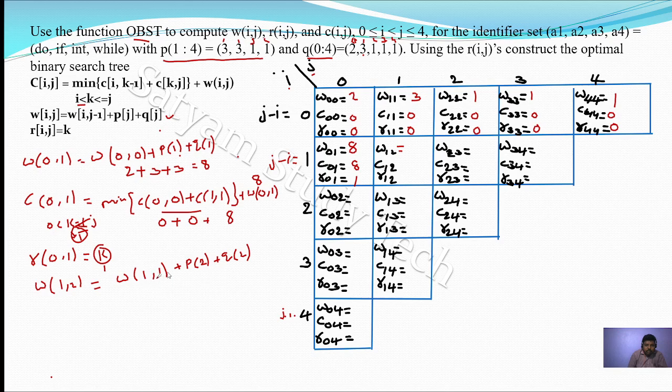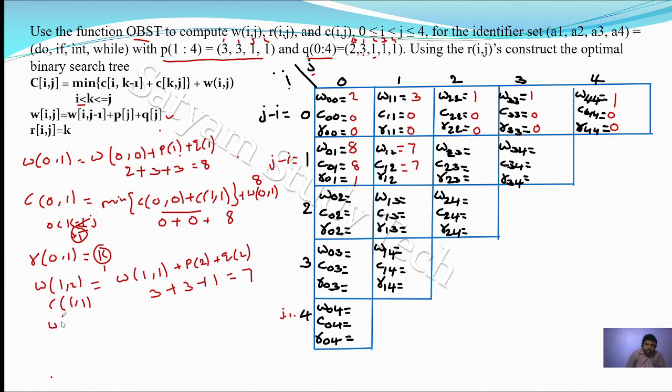So w of 1 1 value is 3, plus p of 2 value is 3, plus q of 2 value is 1. So that is equal to 7. Note down here it is 7. Like that, you can also calculate C of 1 2, and that value is also 7.